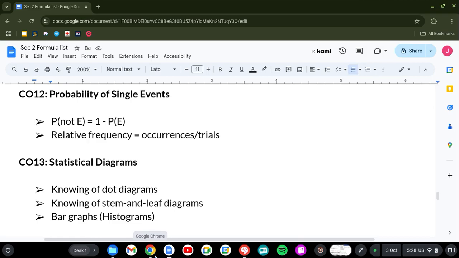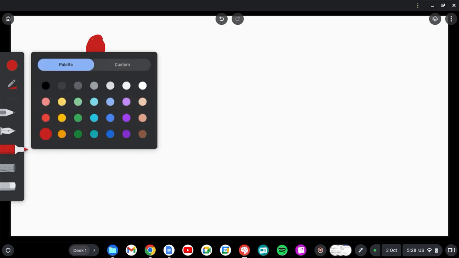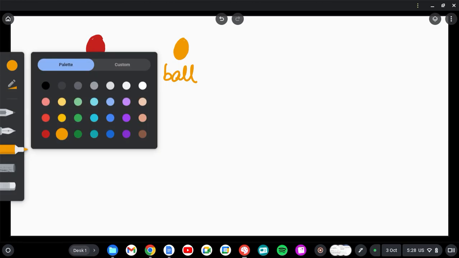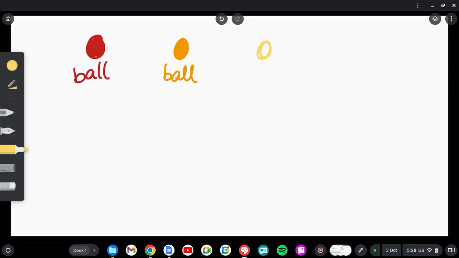So probability, they'll usually give you, let's say I have a red ball here. This is a red ball. This is an orange ball. And this is a yellow ball.